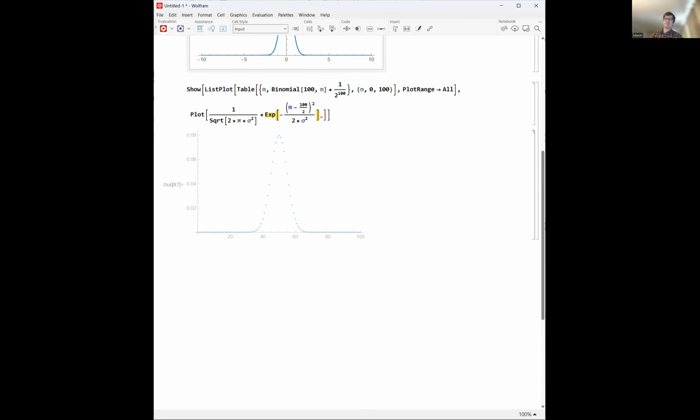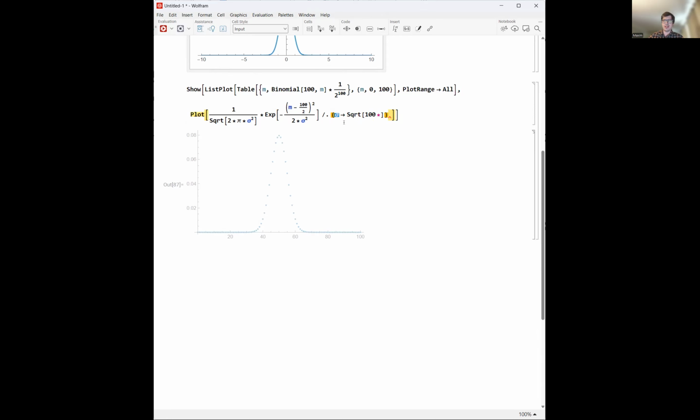So, what is the variance of a binomial distribution? This takes more time to calculate, so I won't do it. It's proportional to the total number of steps, which is interesting. So I'm going to do standard deviation, which is the square root of the variance. So sigma squared is the variance.